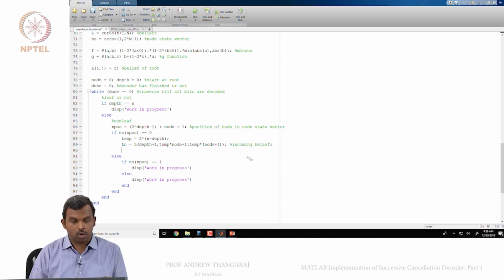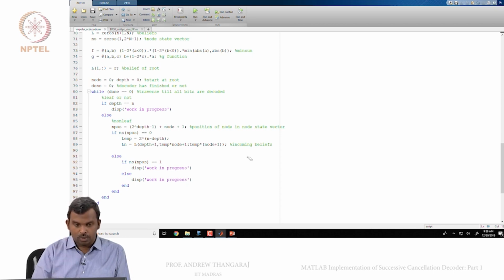I've pulled it out of the storage. L is the storage throughout. I've pulled it out, I've got Ln. Then I can pull out this A and B, or maybe I can write it out explicitly for the next one. So maybe I should do the A and B. A is Ln of, so what is the length of this?